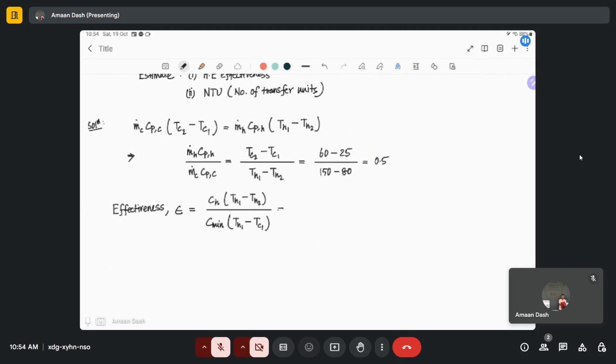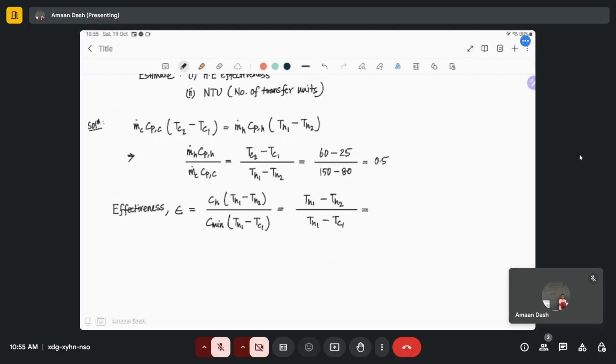So this equals TH1 minus TH2 divided by TH1 minus TC1.